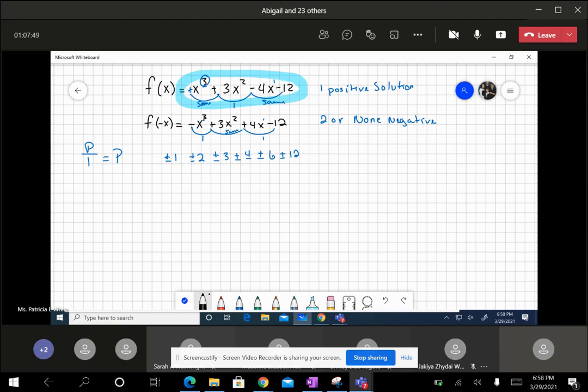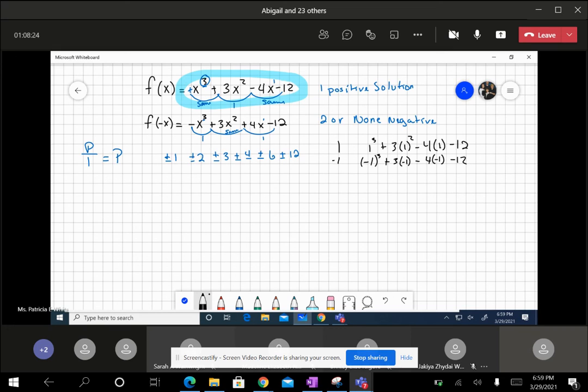So if I have f of x and I'm testing 1, then I have 1 to the third plus 3 times 1 squared minus 4 times 1 minus 12. Now with that minus 12 on the end there, I don't think I'm getting to 0, am I? So I'm going to try -1: -1 to the third plus 3 times -1 squared minus 4 times -1 minus 12.